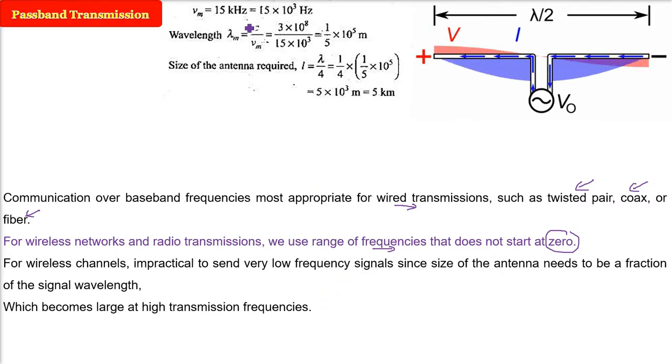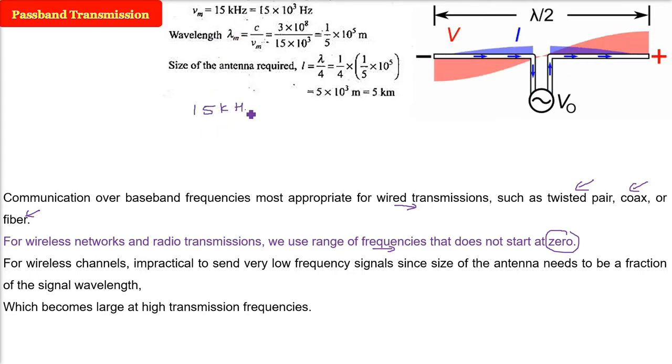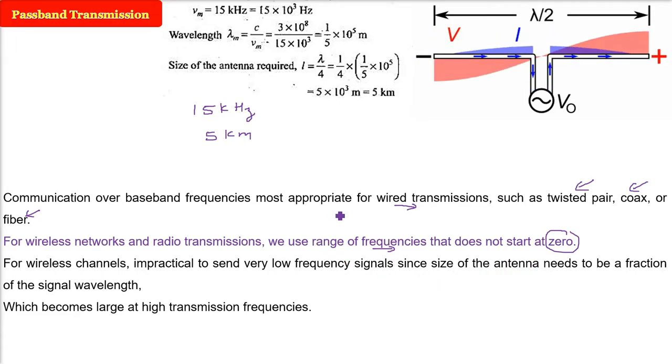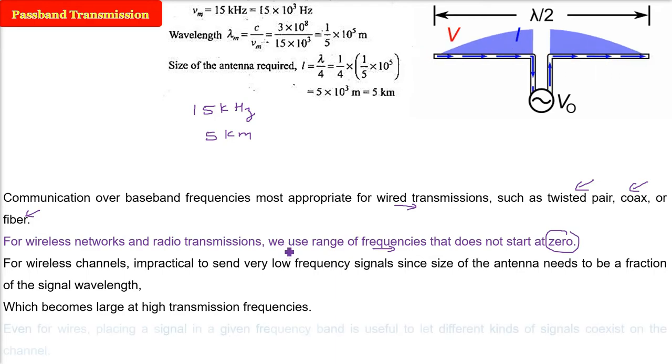Now we have an example here. We have a frequency of 15 kilohertz. With the calculation, lambda equals c over nu, and lambda by 4, the size of the antenna becomes 5 kilometers. So this is just to give you an idea that a 15 kilohertz frequency would want you to have an antenna of 5 kilometers.